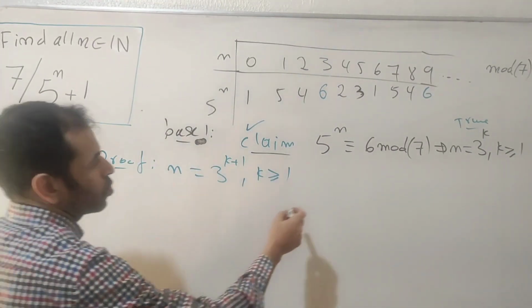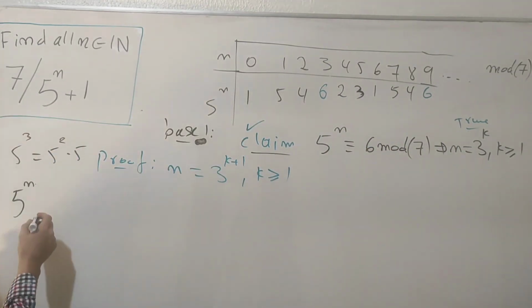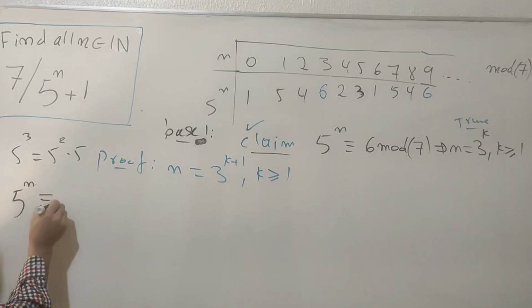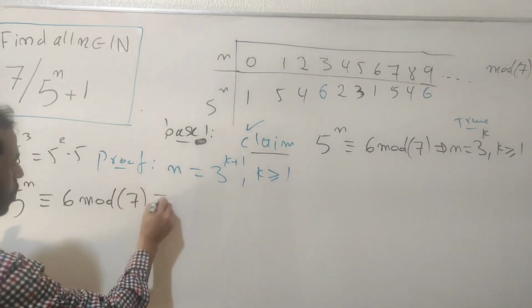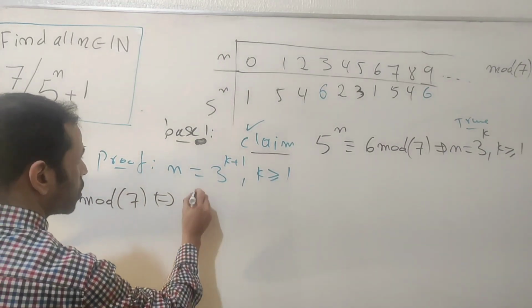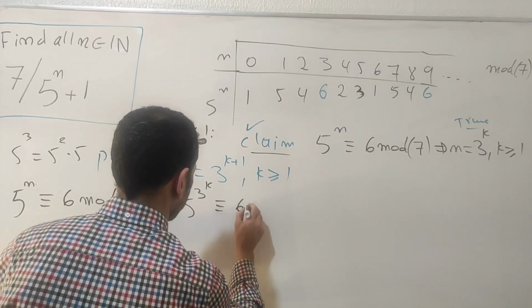So we get 5 to the n. I'm going to replace n with 3 to the k, so we get 5 to the n, which is congruent to 6 mod 7. It's equivalent to 5 to the 3 to the k, which is congruent to 6 mod 7.